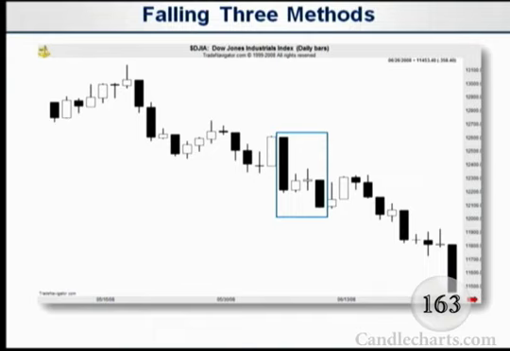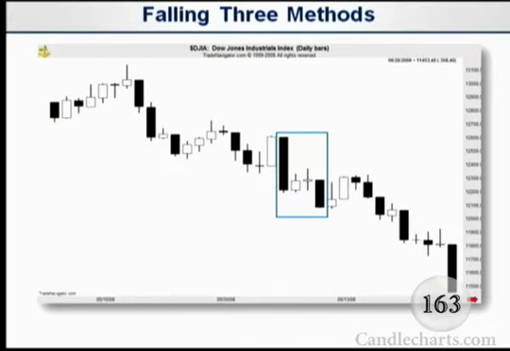And the reason it's called falling three methods is because normally there's 3 candles, but it doesn't matter if it's 2, if it's 4. As long as those real bodies hover within it. It doesn't have to be the real body. With the Harami, it's real body, small real body, and the bigger real body. This is a little looser in the definition. It's real bodies, and it could be within the shadows.